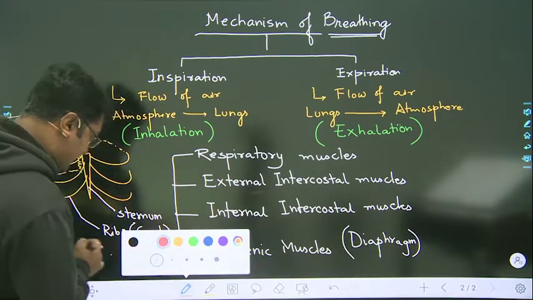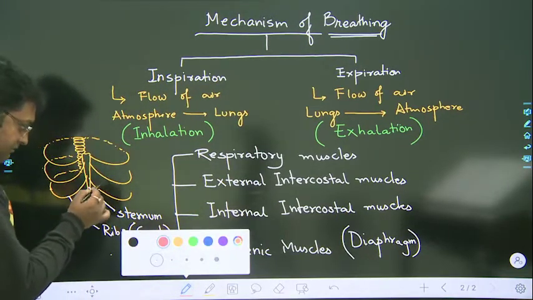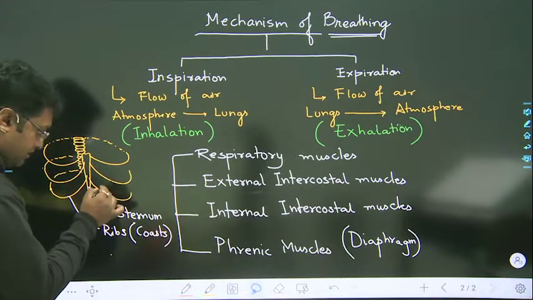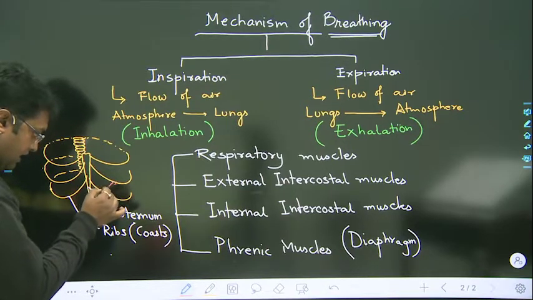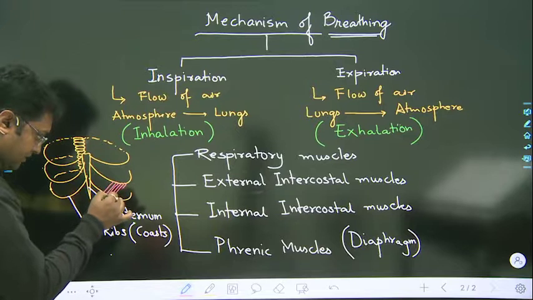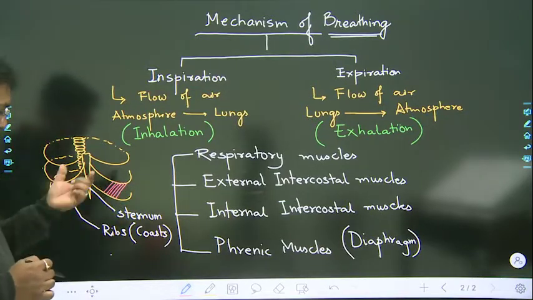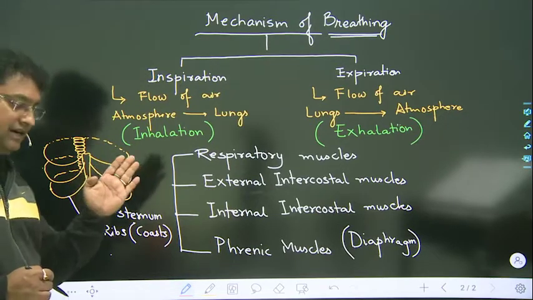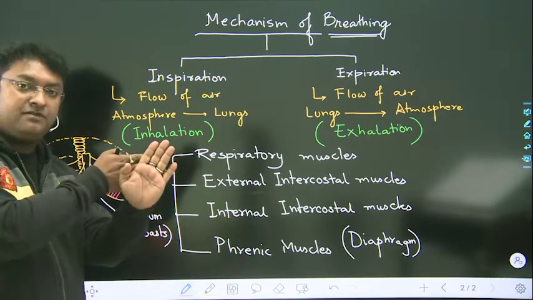So one type of muscles will be visible from the upper side of the body. They will be attaching one rib to another, the upper one to the lower one, with a set of muscles.